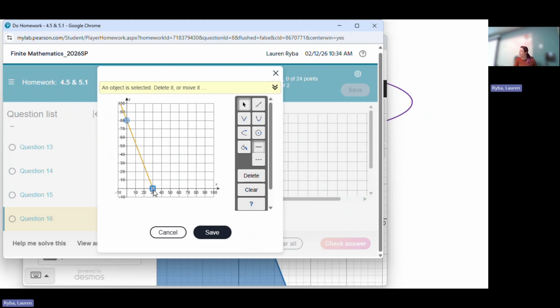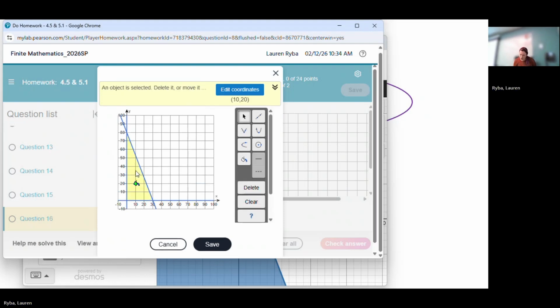Now, I also have to graph my horizontal and vertical limits, or else it is not going to shade correctly, just the positive square triangle.